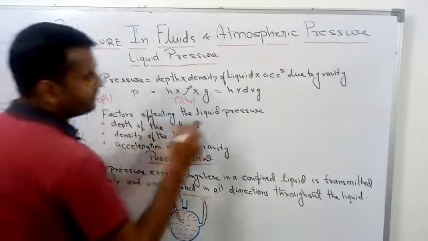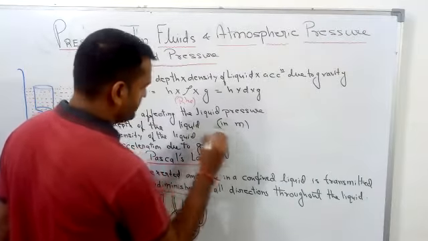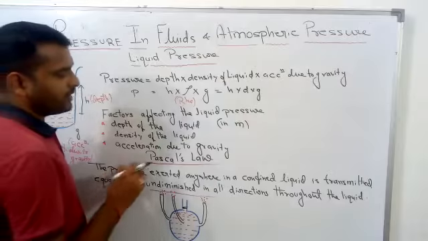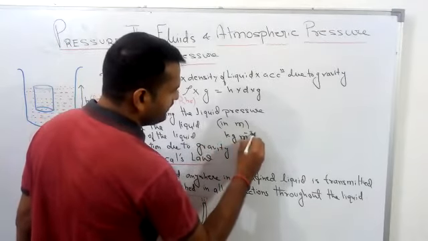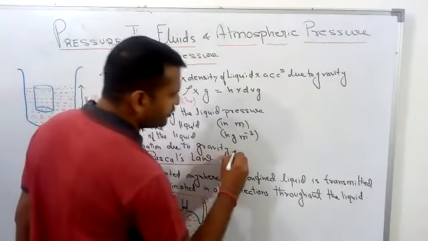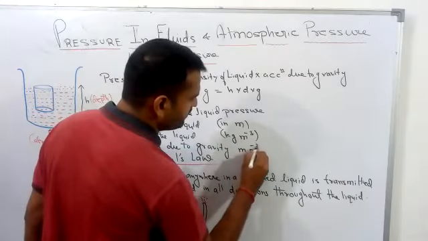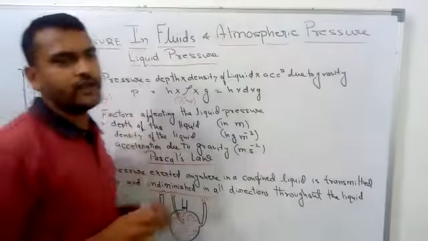Depth of the liquid we have to take in meters. Density of the liquid in kg per meter cube. Acceleration due to gravity in meter per second square. So this is the way to calculate liquid pressure.